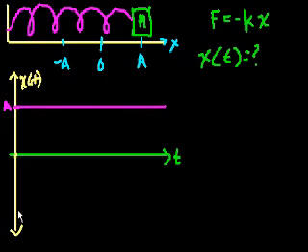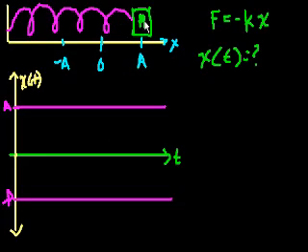This is A. And then this is going to be, let me try to make it relatively even, negative A. That's minus A. So at time t equals 0, where is it? Well, it's at A, so this is where the graph is, right?